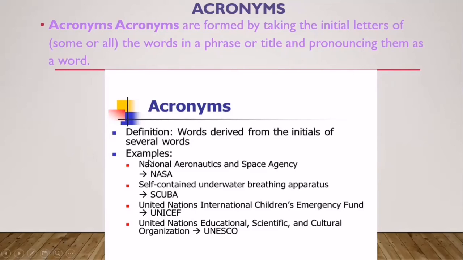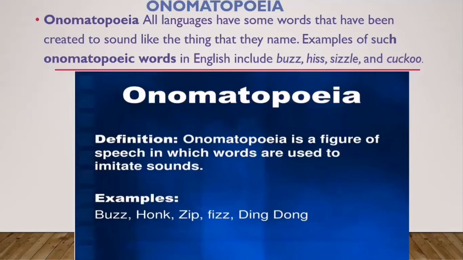We have a good definition here, and also an example in this picture. You know what NASA is? This is very common, guys. UNICEF is very famous, this organization in Mexico. That is an example of acronyms. I hope you are learning, guys.